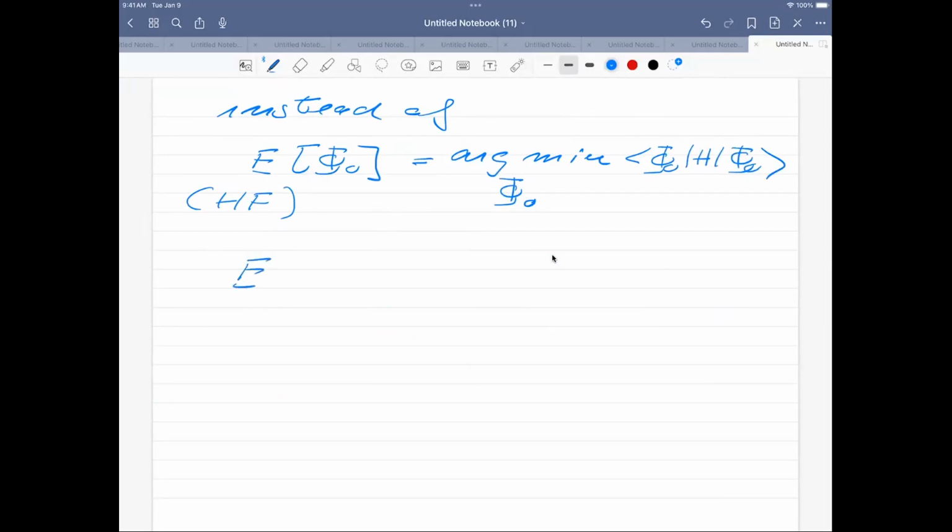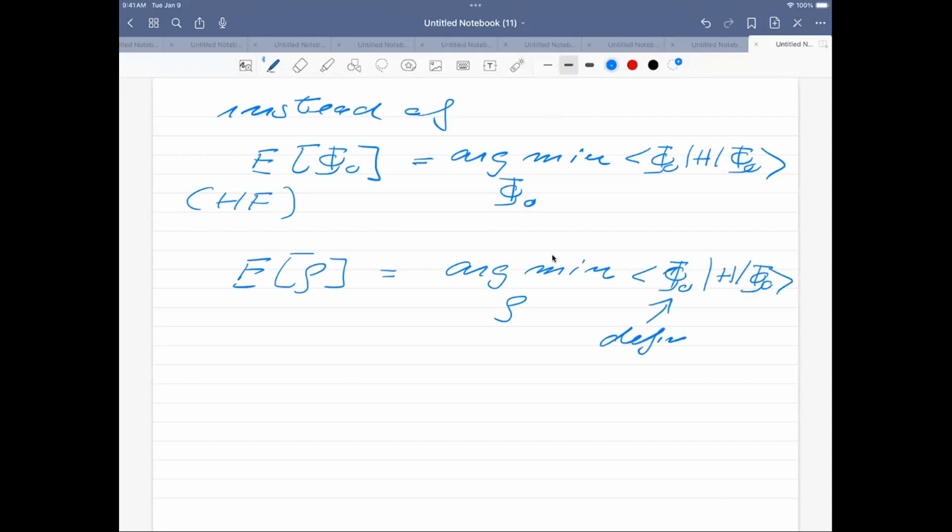So we would now have an energy which is a function of the density, and we are going to optimize this quantity as a function of density, and we mark these wave functions with a psi or phi. We're going to use the same symbol, but now the wave function is going to be a function of the density. So this is now defined by rho.